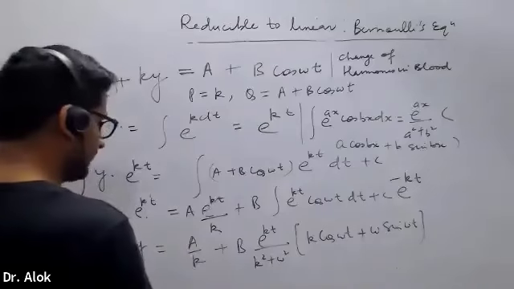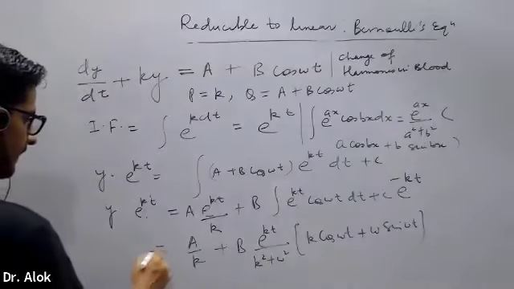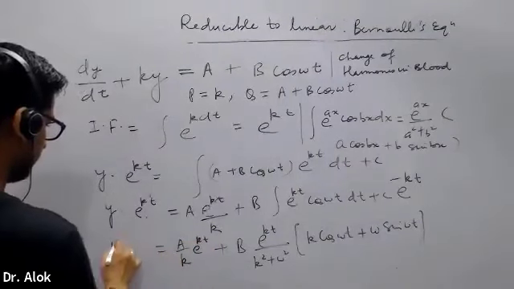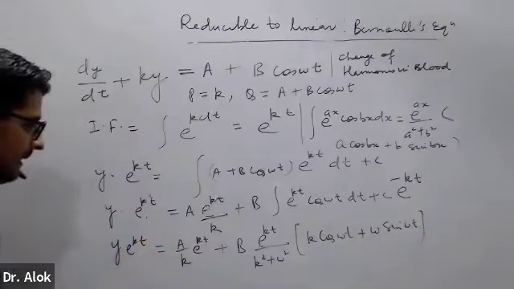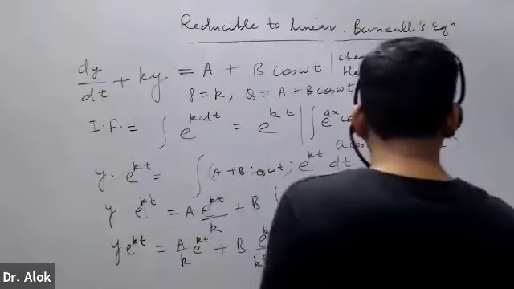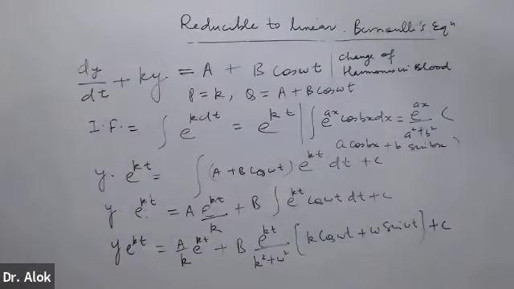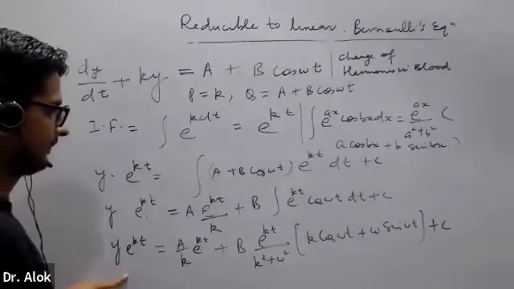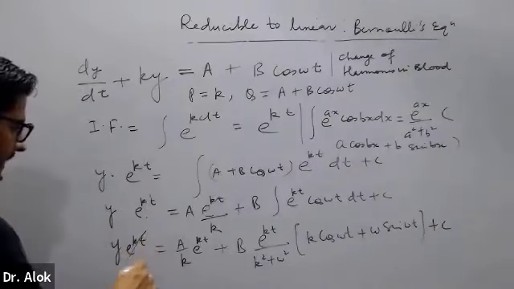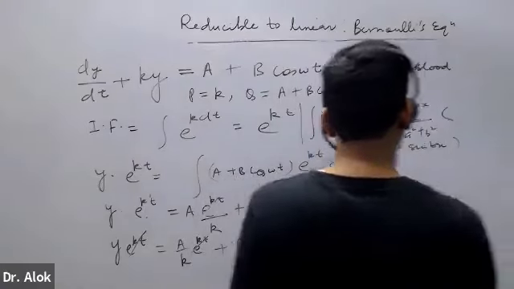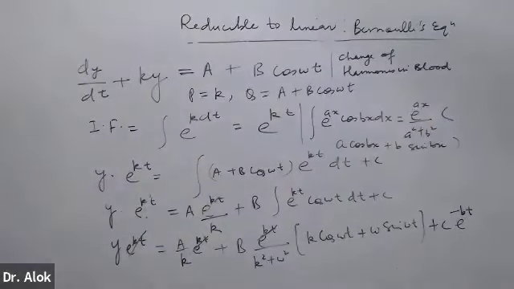Once it is integrated, I will just keep it like here: a by k e to the power kt and y e to the power kt, I will keep it like this. And plus c. Sir, c to the power minus kt will be there now. So at this step I am doing it, so it will be cancelled. And then here e to the power minus kt, like this. Okay. Yes, sir.